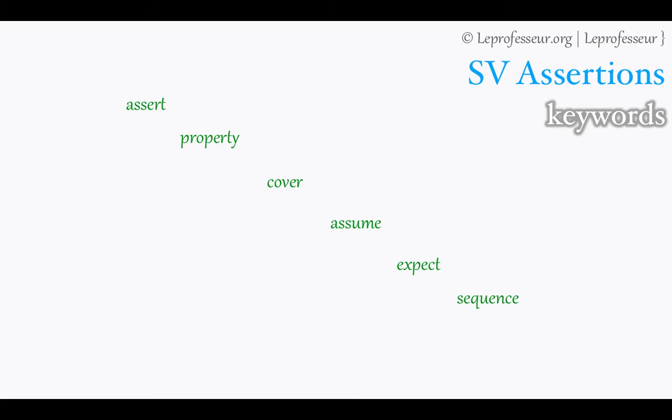Now, a few keywords associated with assertions: assert, property, cover. We already discussed these three. Assume, that we want to assume certain properties throughout our simulation cycle. Expect, we want to expect the behavior written in that property. Sequence of events, and so on.